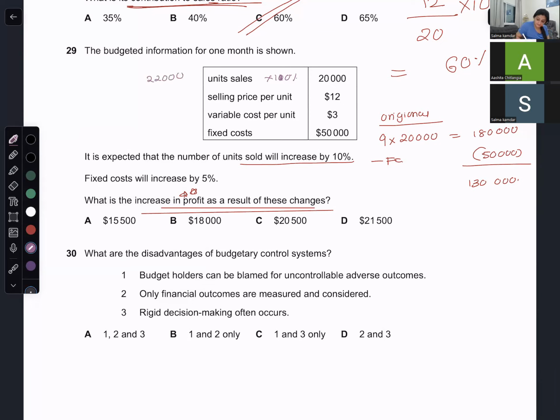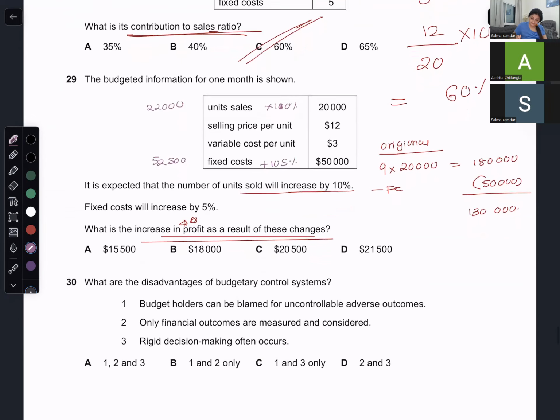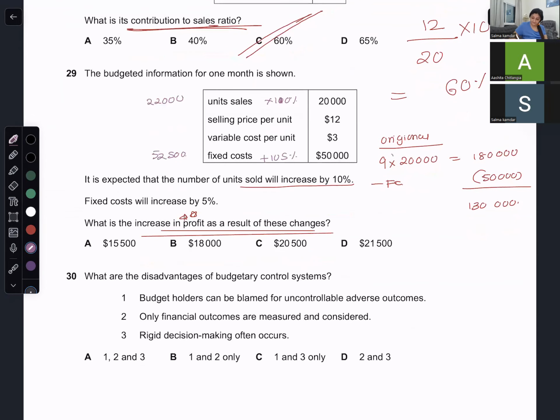Fixed costs 105%, so 52,500. The contribution per unit would remain the same, right? How much? 9. The number of units will be 22,000.